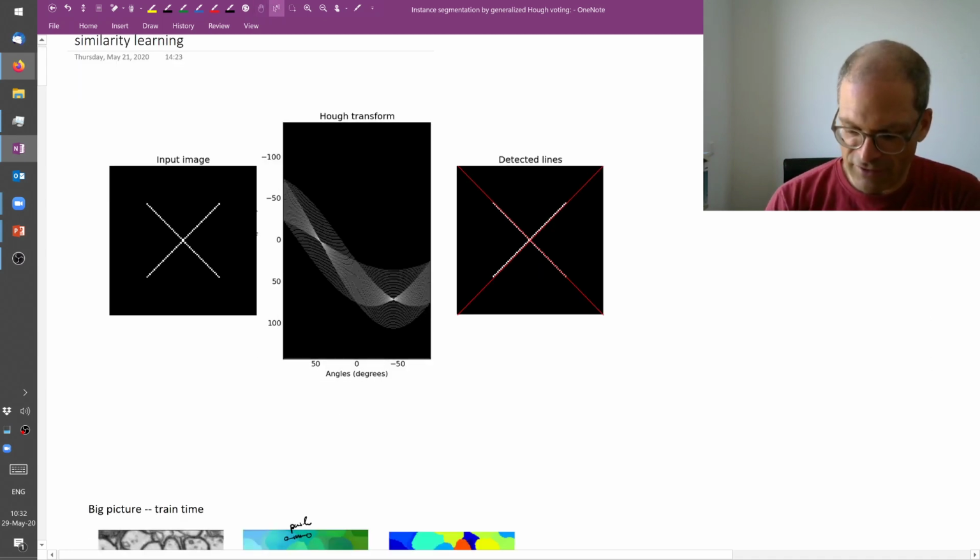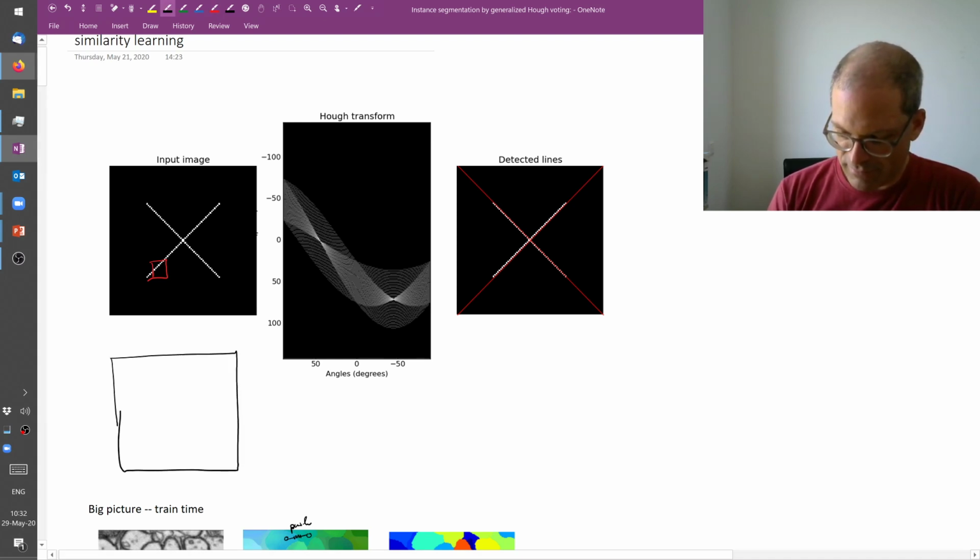I had just been saying that we can take a local patch, such as this one, and have this patch vote directly for, let's say, an angle and a distance from the origin.